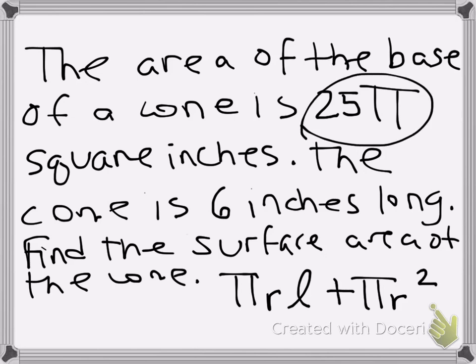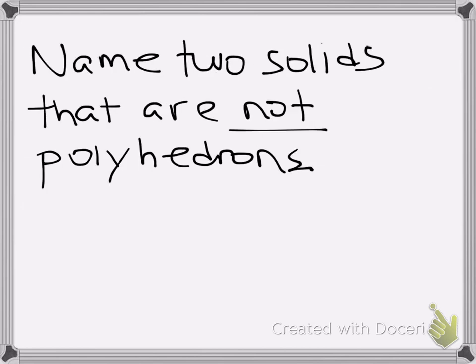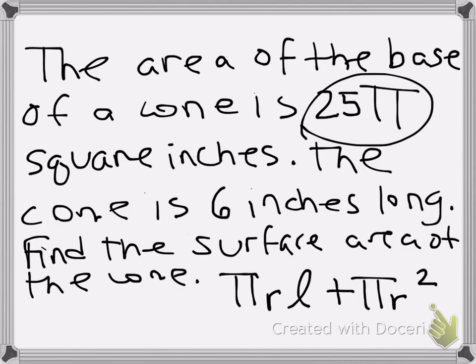But notice also it keeps it in terms of pi because we need to know what r is in order to solve this formula. So if you think about that, if the area of the base is 25 pi, and the formula is pi r squared, that means the 25, if we took the square root of it, would give us 5, and that gives us what r should be.